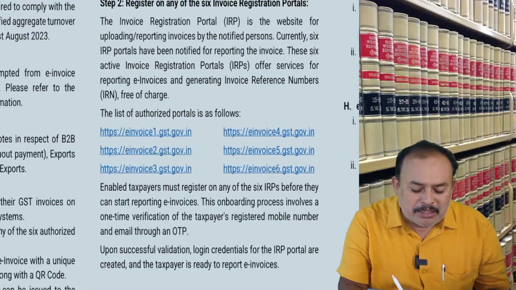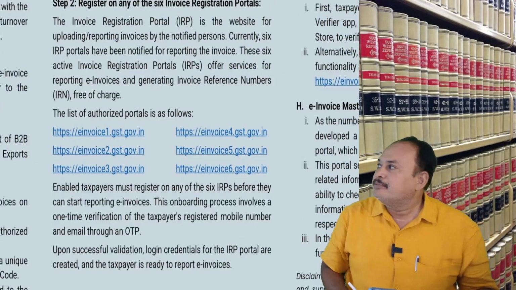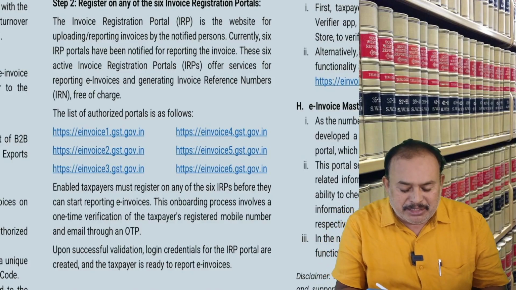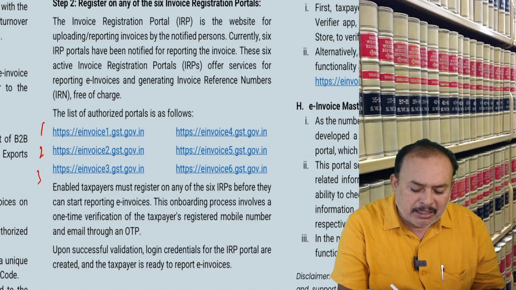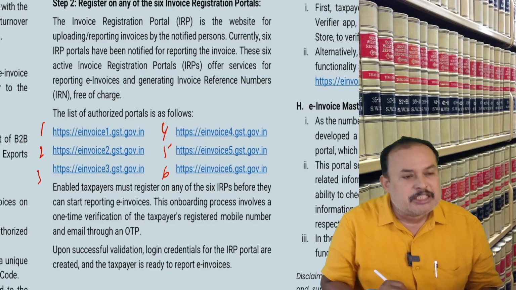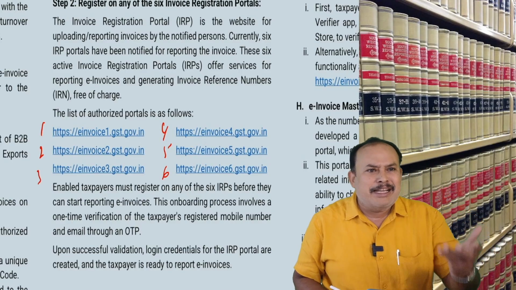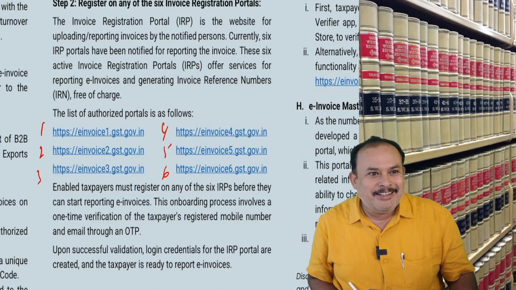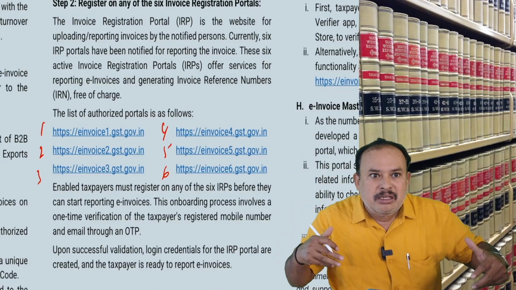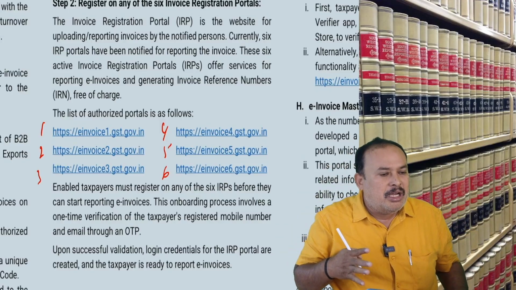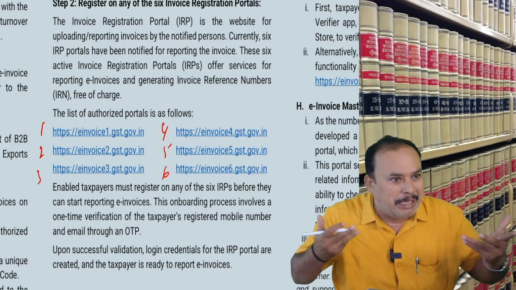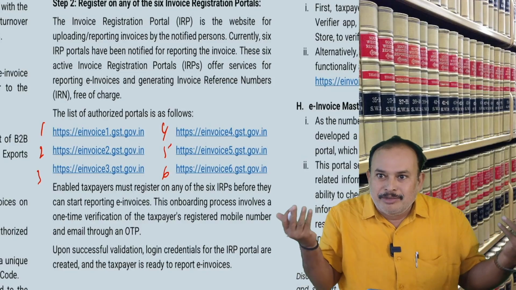There are government portals. Here I mentioned 6 portals. Any portal you can take. If all taxpayers log into one portal, the portal will become jam-packed and the server will go down.